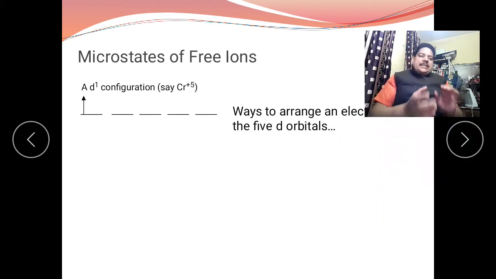But such pi bonding and pi antibonding orbitals are not found in the free metal ion, but they also give the electronic spectrum.